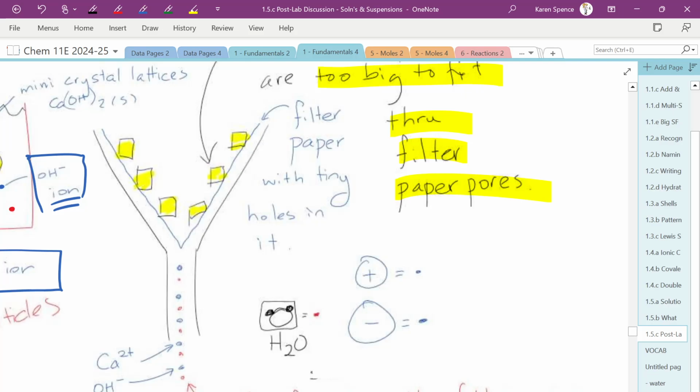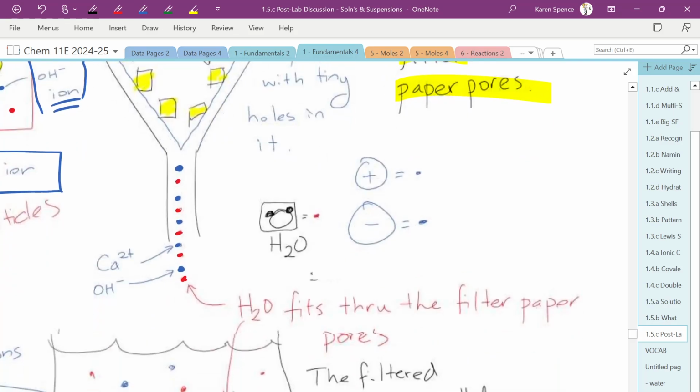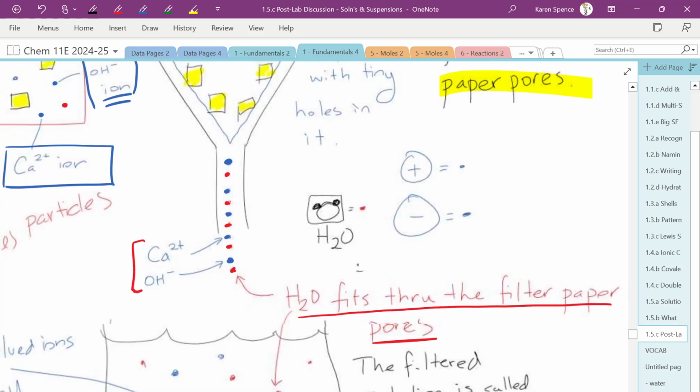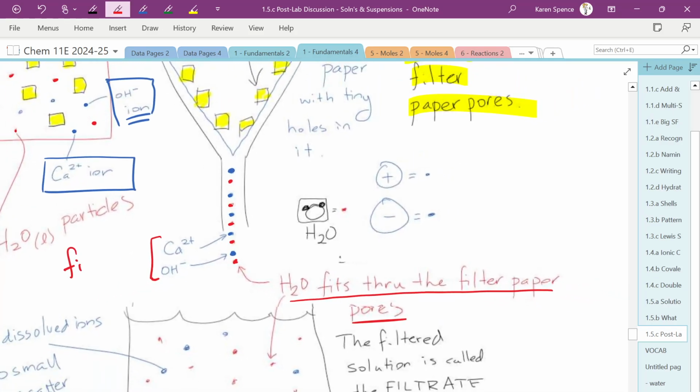But what comes through? The water and the ions. So water fits through the filter paper pores. Calcium and the hydroxide also fit through the holes.